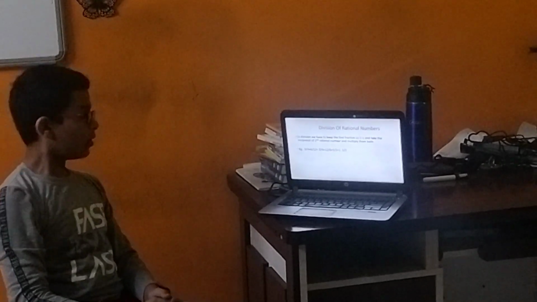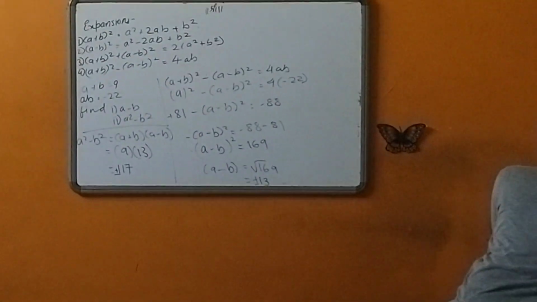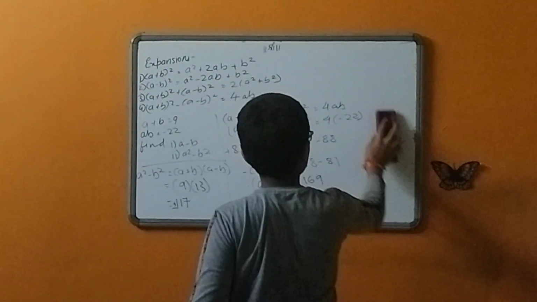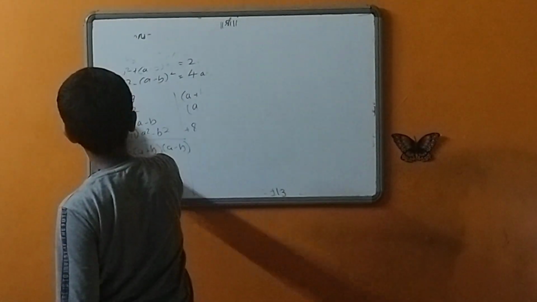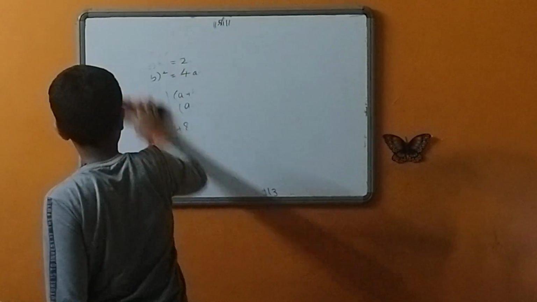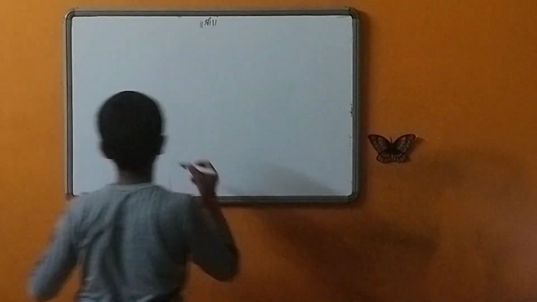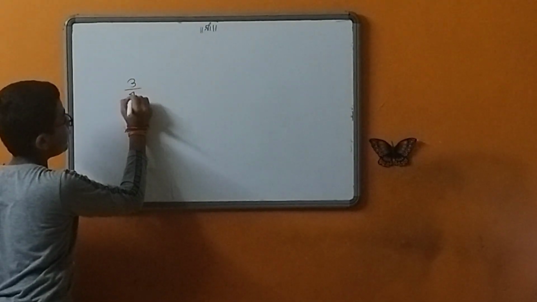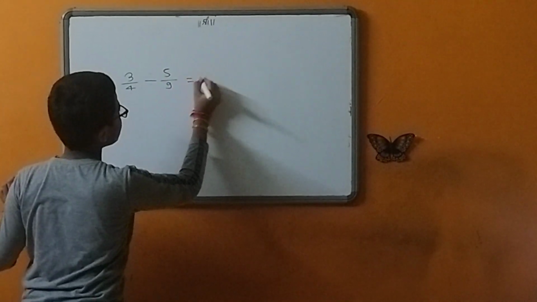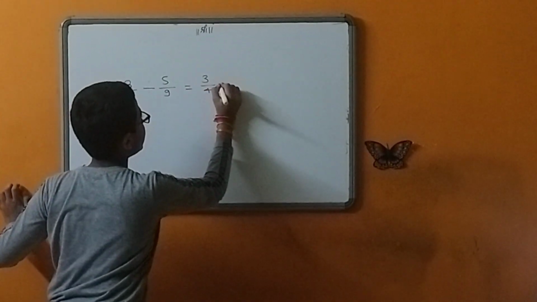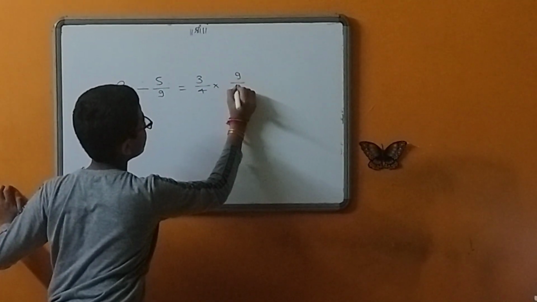I will show the example on board. If we take the first fraction as 3 by 4 and we have to divide it by 5 by 9, we will do 3 by 4 into the reciprocal of 5 by 9, which gives us 9 by 5.